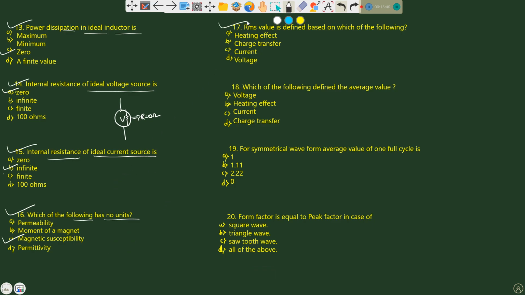So next we have, RMS value is defined based upon which of the following? Heating effect, charge transfer, current or voltage. In the previous session we also discussed root mean square value in our part 3.2 session, correct? So RMS value is regarding the heating effect.